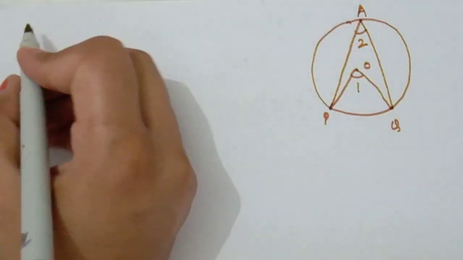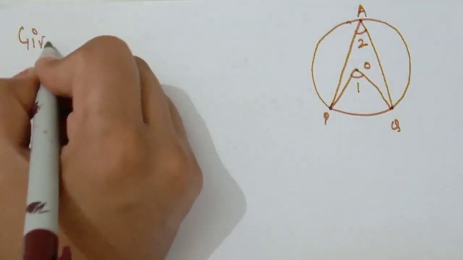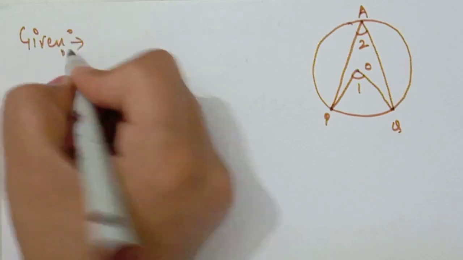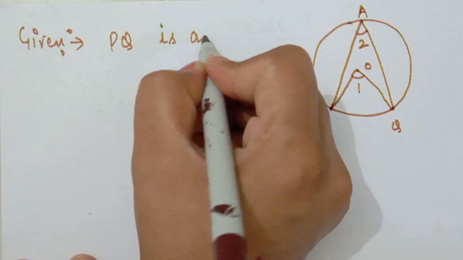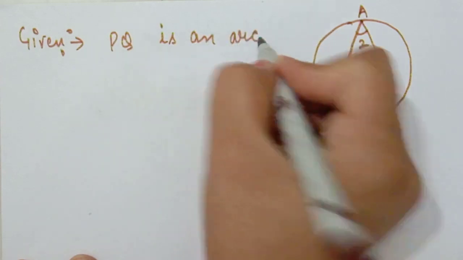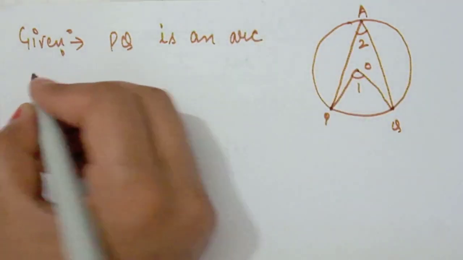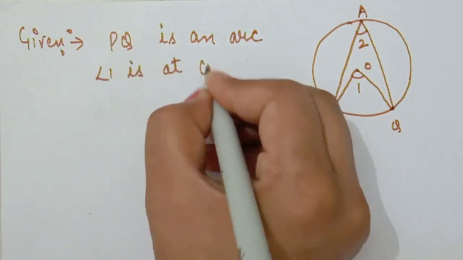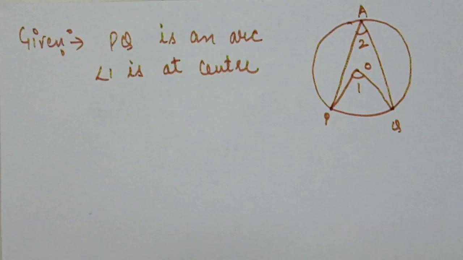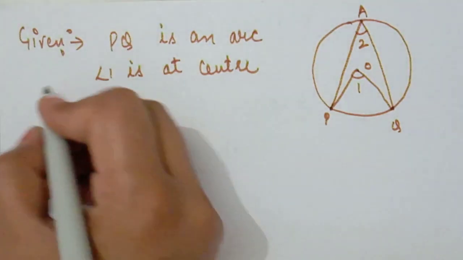So students, what is given? PQ is an arc, and angle 1 is at the center. And what we have to prove?